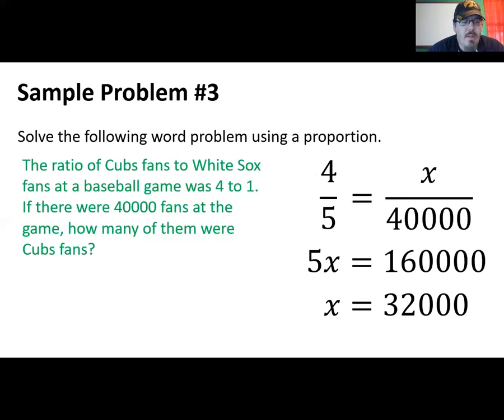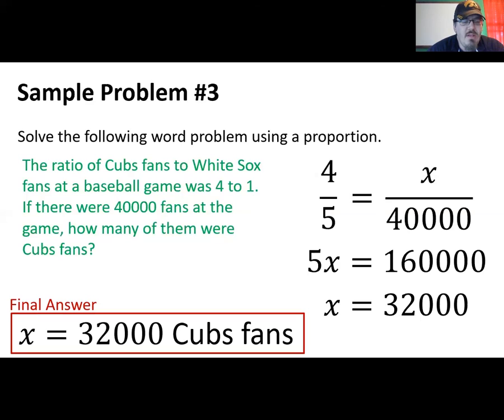X was associated with the number of Cubs fans. That's what I'm trying to answer in my problem. So my final answer is 32,000 Cubs fans. And we're all set. So again, this problem gives you a situation where you're using a proportion in the context of solving some type of word problem or realistic situation.